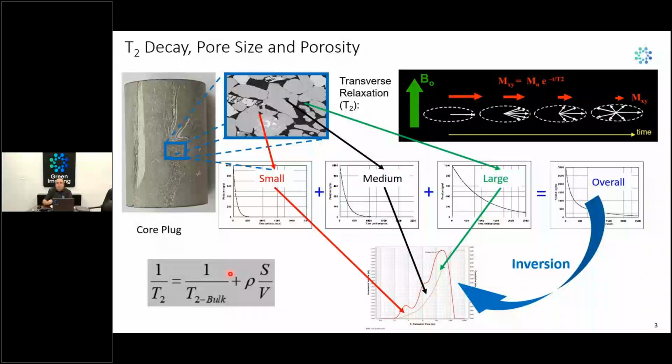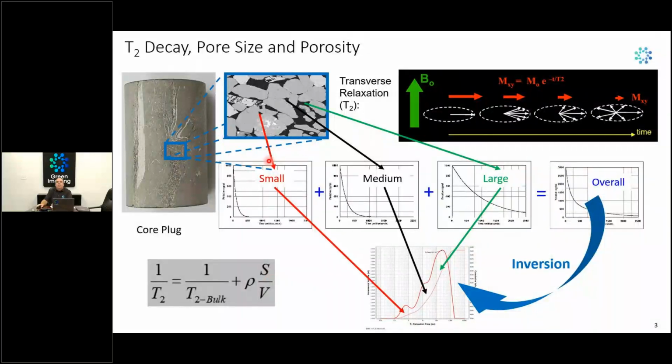When the rock is saturated with only one fluid, then it's proportional to the surface to volume ratio of the pore volume of the sample. This is because T2 bulk is typically large, so 1 over T2 bulk is typically small, so we can safely neglect this term. So then T2 is inversely proportional to the surface to volume ratio.